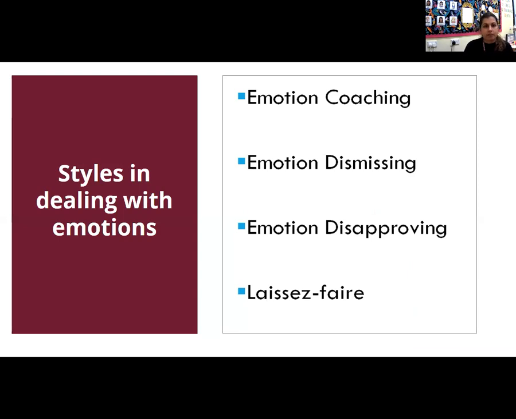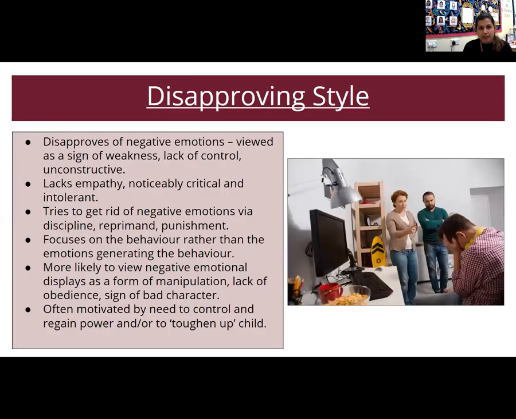So we have different styles in dealing with emotions, and I'm going to quickly go through these. We have emotion dismissing, emotion disapproving, laissez-faire. But what we want to do is use the emotion coaching style, and I'm going to explain why. The disapproving style is exactly that. It disapproves of any emotions and views them as negative.